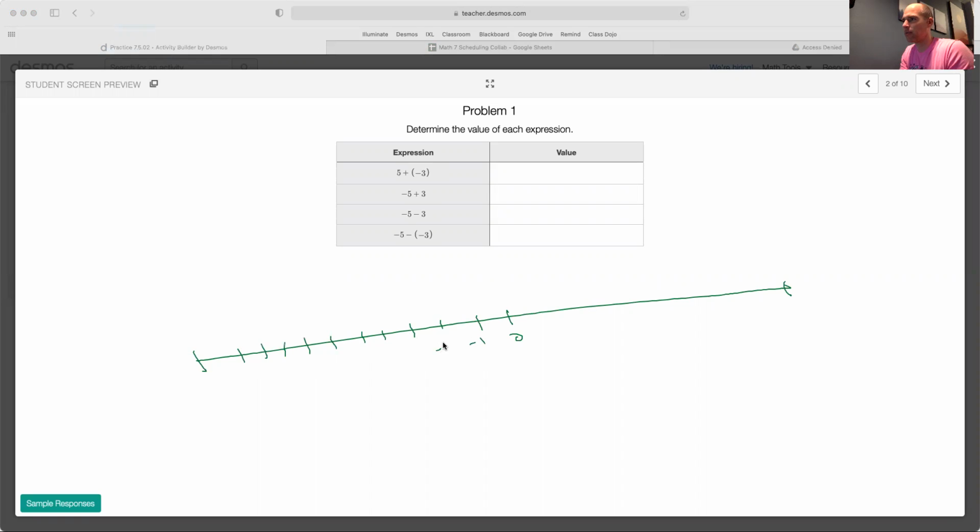I'll label it out. And then we'll do 1, 2, 3, 4, 5, 6, 7, 8, 9, and 10 over here.